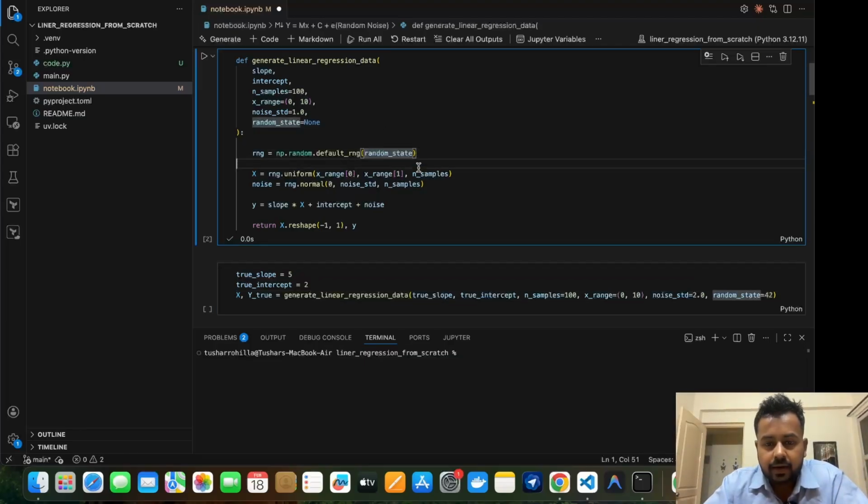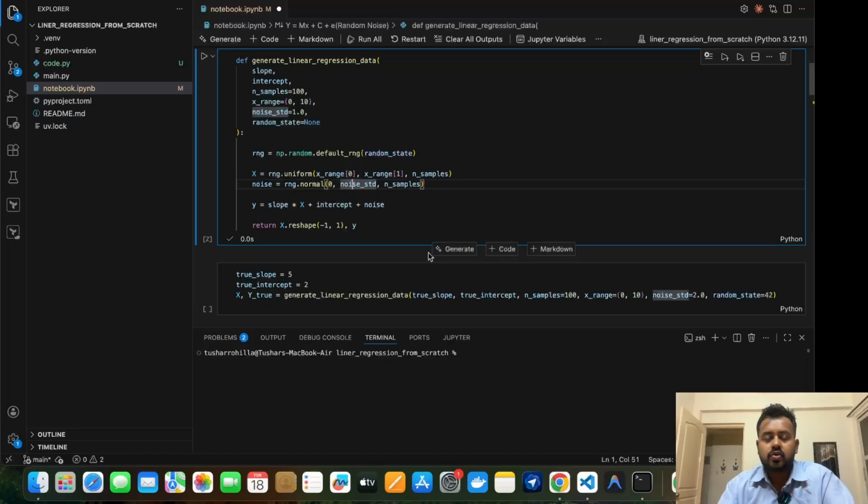And we are saying generate me n samples, which is 1000 in our case, and then we generate noise. We keep the mean value as 0, and the standard deviation tells us how much that noise should vary around 0. We are setting it to 2, so it can go +2 and -2, and some random values will come within this range of -2 to +2.